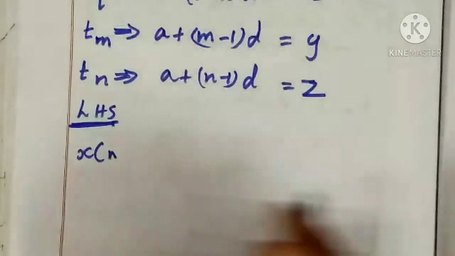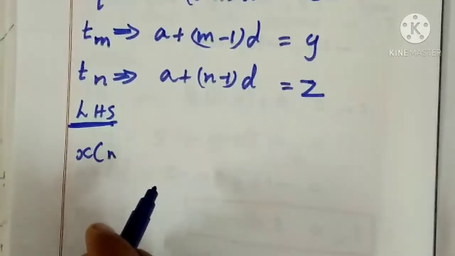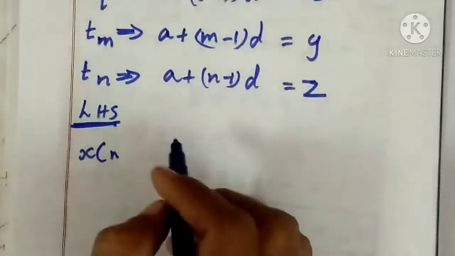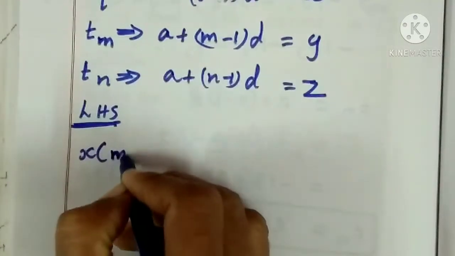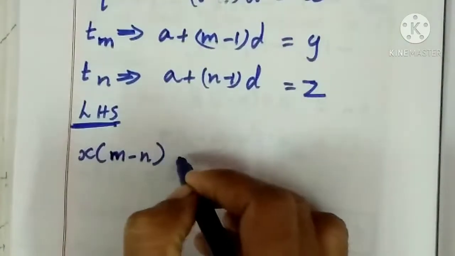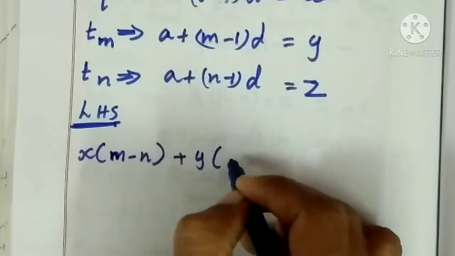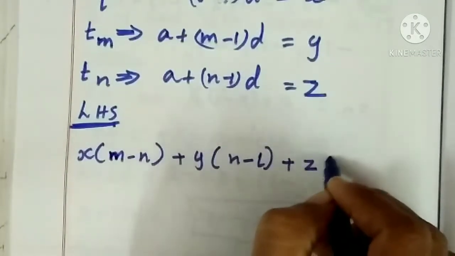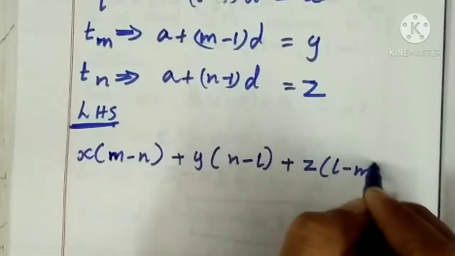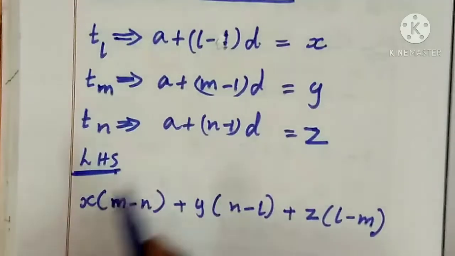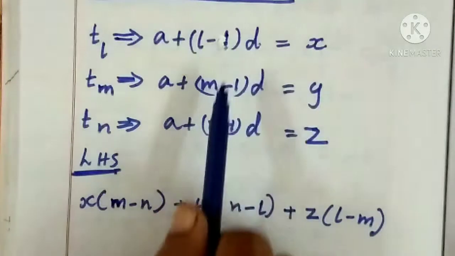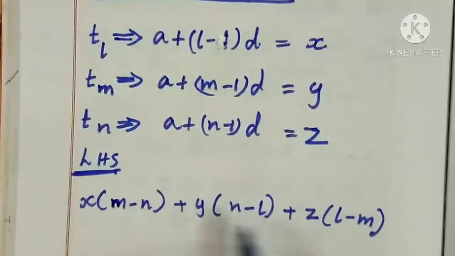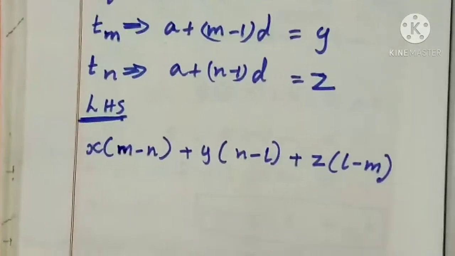These are the given in the question. Take down and write the left hand side of the given, that is x into (m minus n) plus y into (n minus L) plus z into (L minus m). Here you have to apply these equations instead of x, y, z. Let us see.